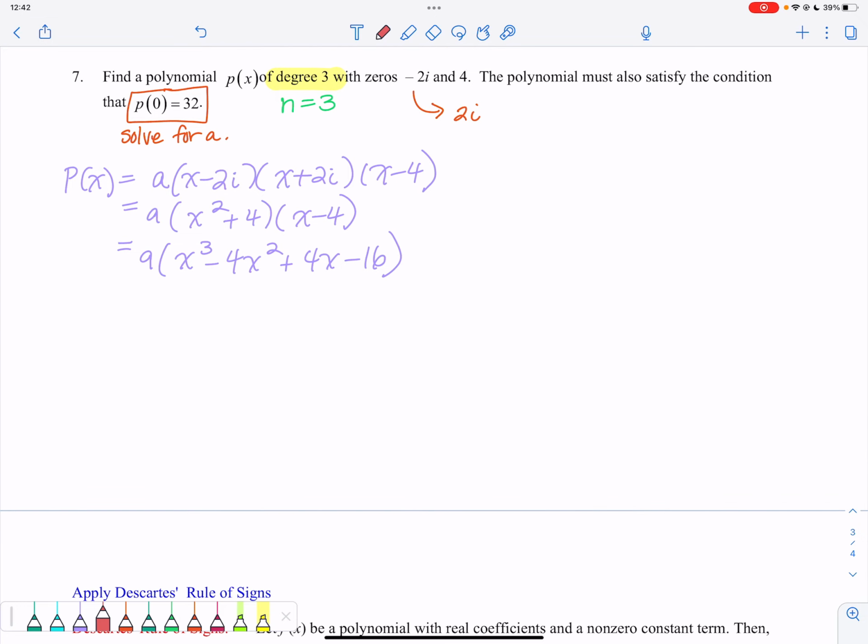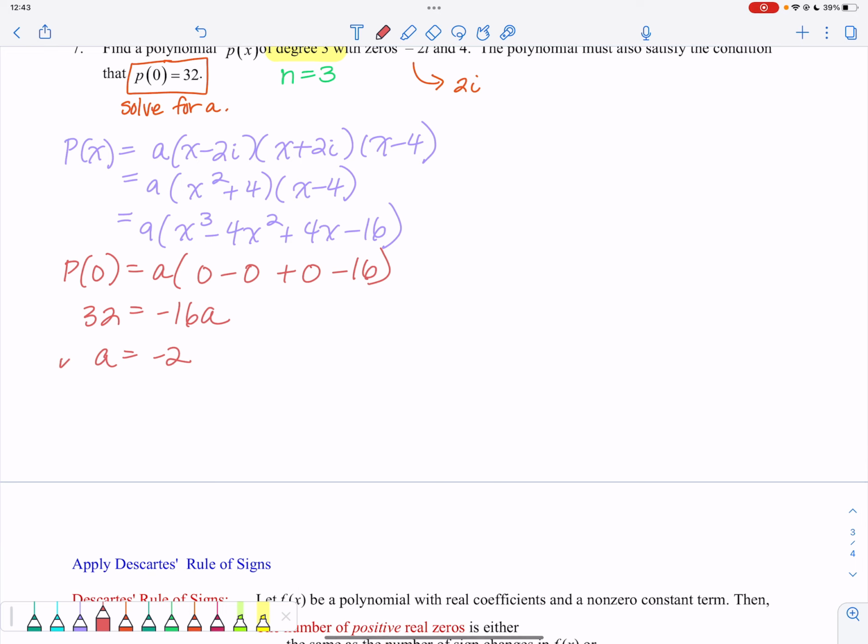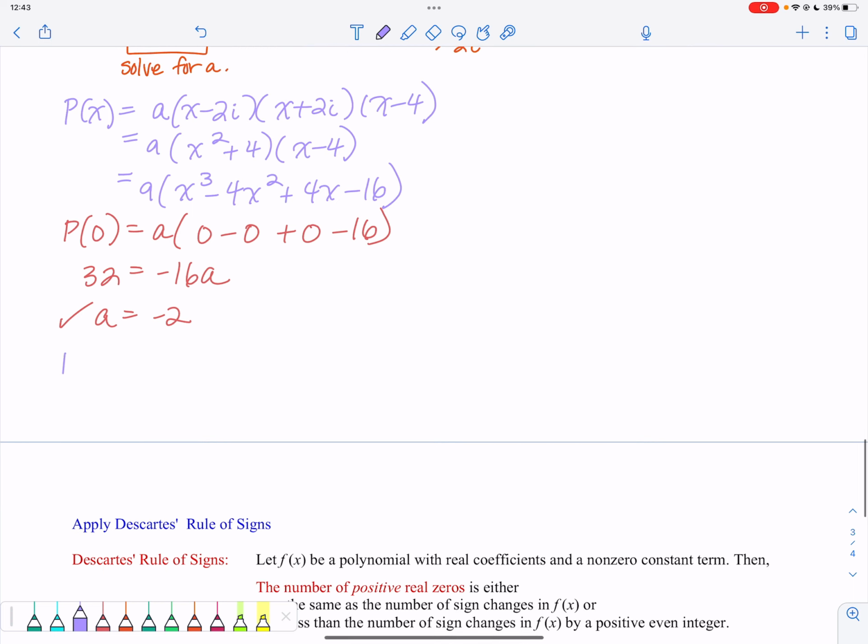Now, since p of 0 is equal to 32, we can actually plug 0 in, and you can see that a is equal to negative 2. So now we can go back and write p of x is equal to negative 2 times x cubed minus 4x squared plus 4x minus 16. And let's distribute that negative 2. And there we have p of x.